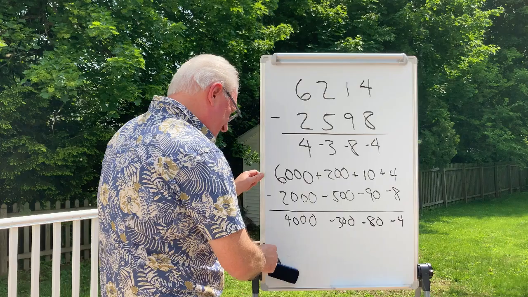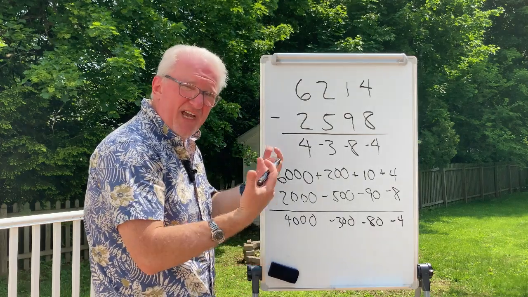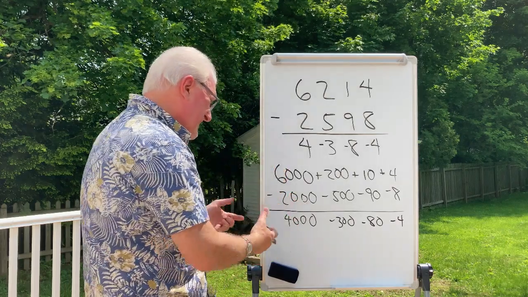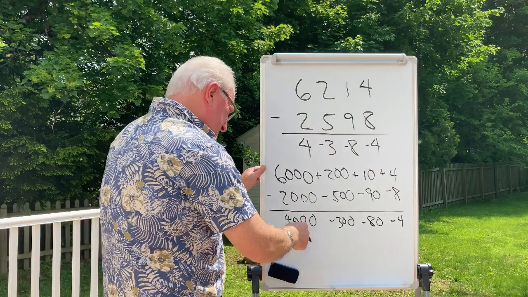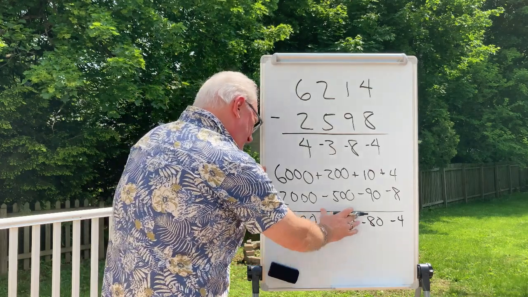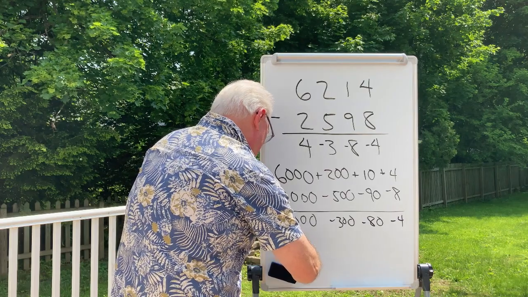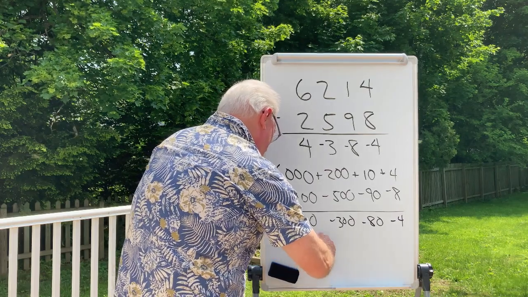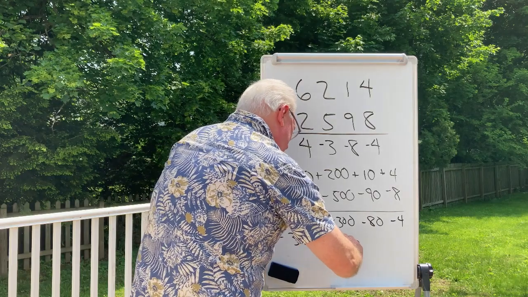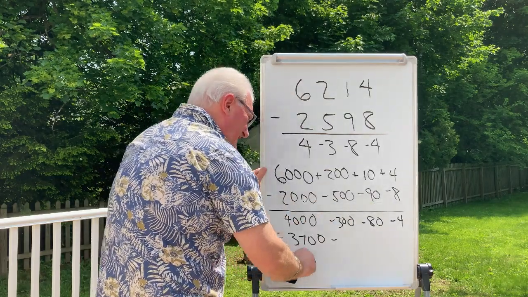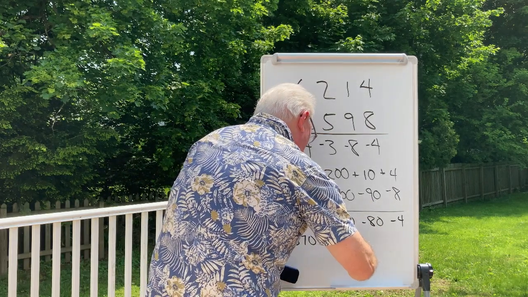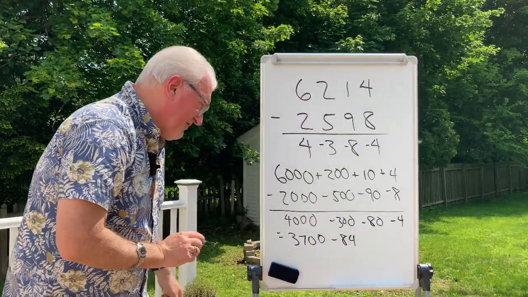If I carried this out the way society would want us to write it, we'd actually be writing, let's see, 4,000 minus 300, that's 3,700. And then we'll subtract the 80 and we'll subtract the 4. So actually we're subtracting 84 from the 3,700.